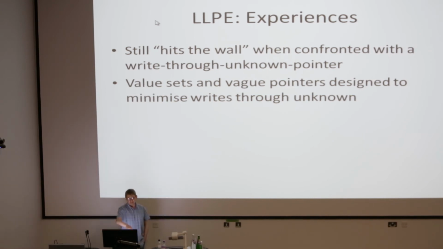And we're trying to salvage as much of that as possible by using these sets of values, and also by using pointers which are vague, but not completely vague. So those are pointers where we know a set of objects which they point into, and they point somewhere into these objects, but we don't know exactly where within them, and that serves just to bound their side effects.